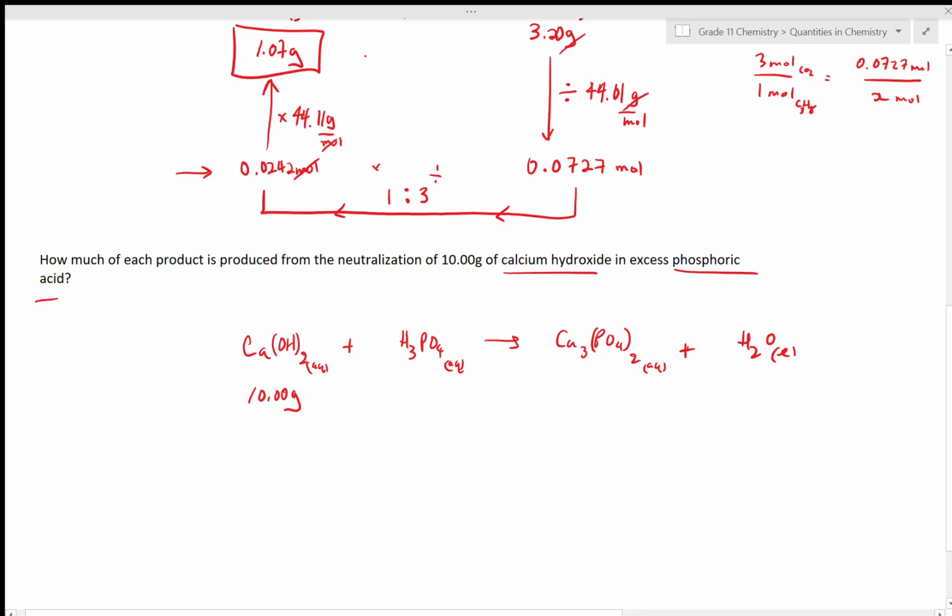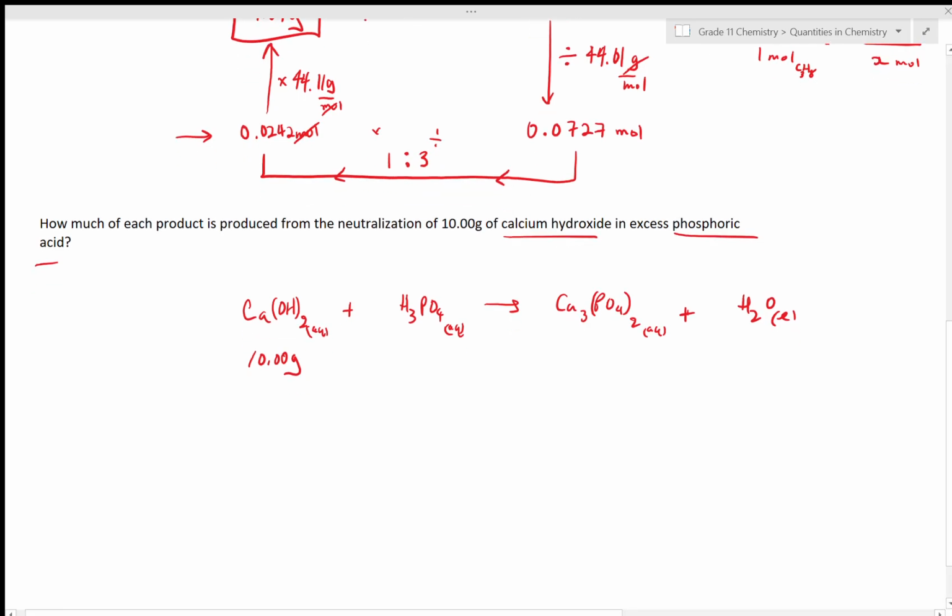We are going to start looking at equations next week that deal with situations where you don't have excess. In fact, you don't know which one of the reactants is in excess. Those are called limiting reagent problems. We'll do those next week. But for right now, we have excess H3PO4, or phosphoric acid.